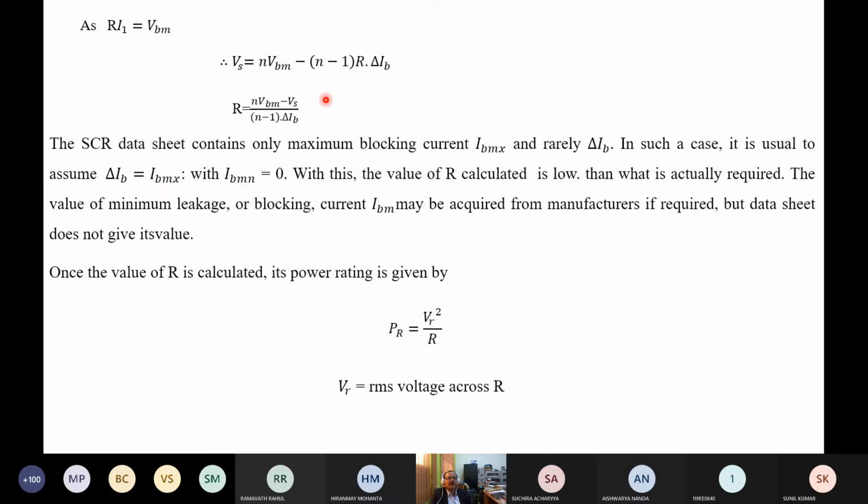The value of minimum leakage or blocking current may be acquired from the manufacturer if required, but the datasheet does not give it. Once the value of R is calculated, its power rating is given by this. So this is the value of the static equalizing resistance. This will take care of the voltage distribution across the string during steady state.